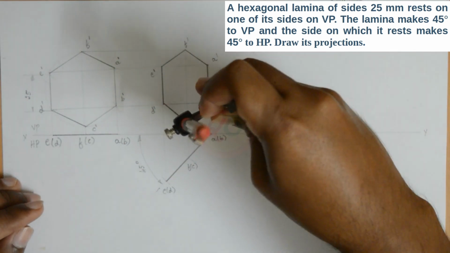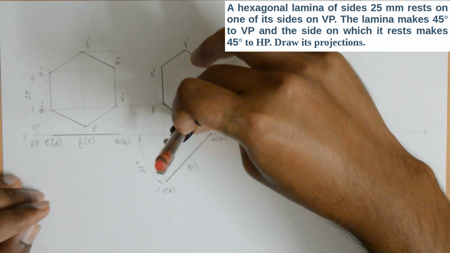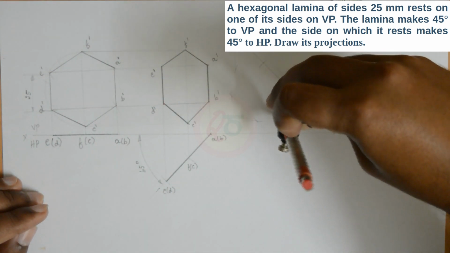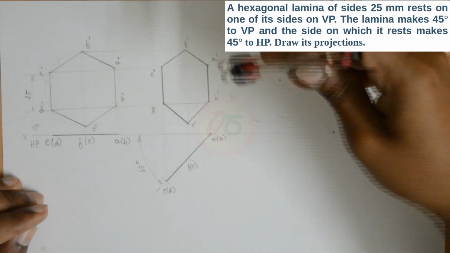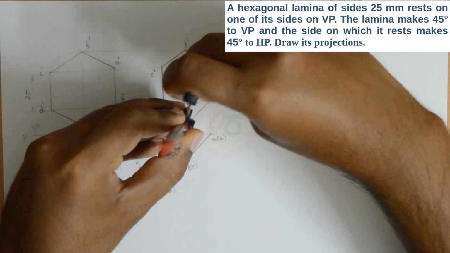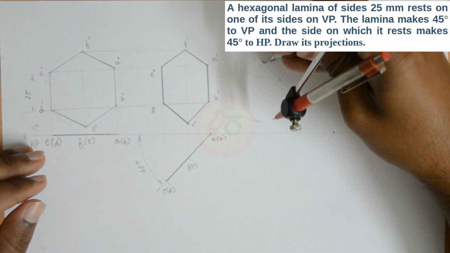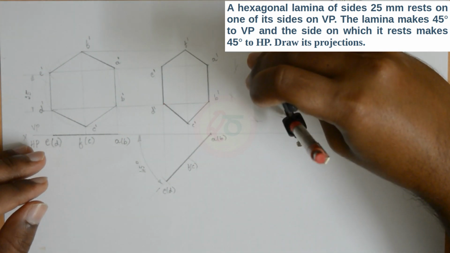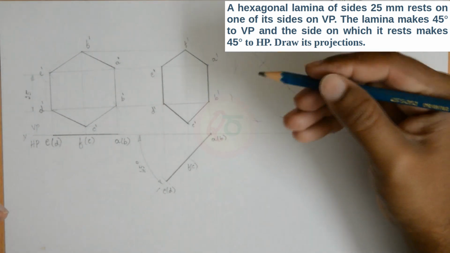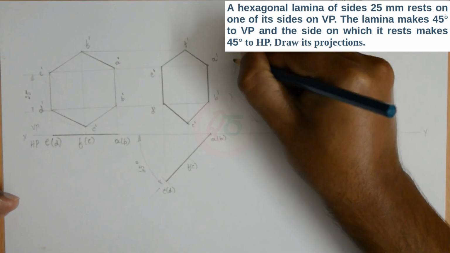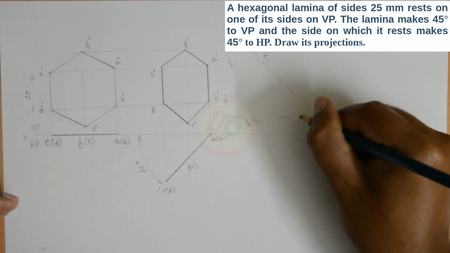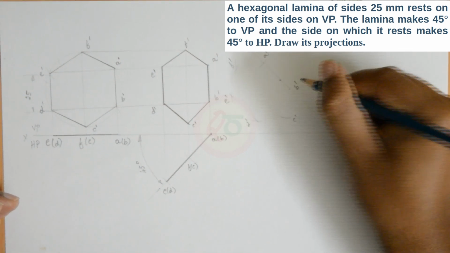Finally, from B dash to C dash, A dash to C dash. Name it. So this is A dash, F dash, E dash, B dash, C dash and D dash.